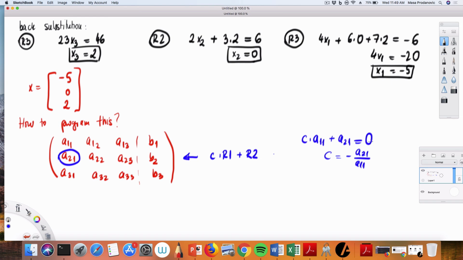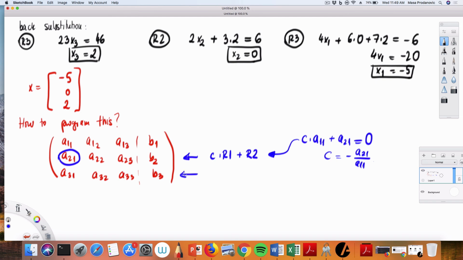So if I multiply my first row by minus A21 divided by A11, obviously when I multiply by A11, this part will go away. And plus A21 will give me a 0. Yes? So for my second row, that's the C I need to have.